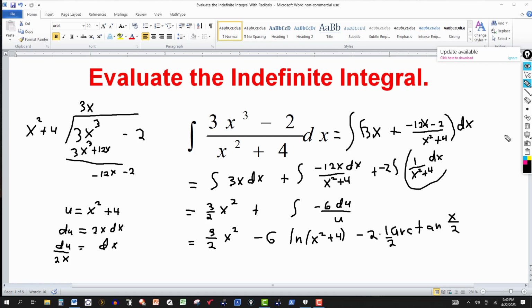So that's basically your answer. We just simplify it a little bit: this 2 and this 2 are going to cancel out, and that's just a 1. I just leave it understood. That's a minus there.